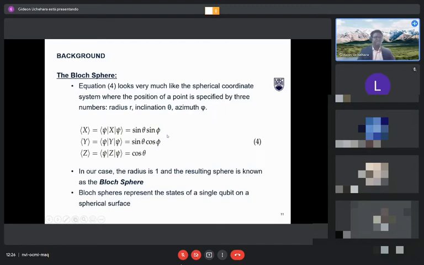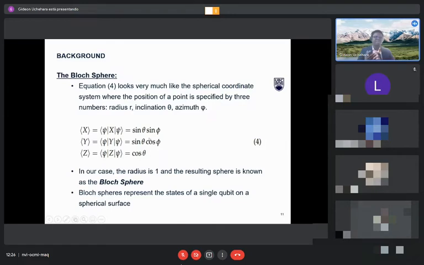Now, if you look at this equation very critically, you will see a relationship between it and the spherical coordinates. The spherical coordinate system helps us visualize a sphere, and it has a radius, an inclination angle theta, and an azimuth angle phi.